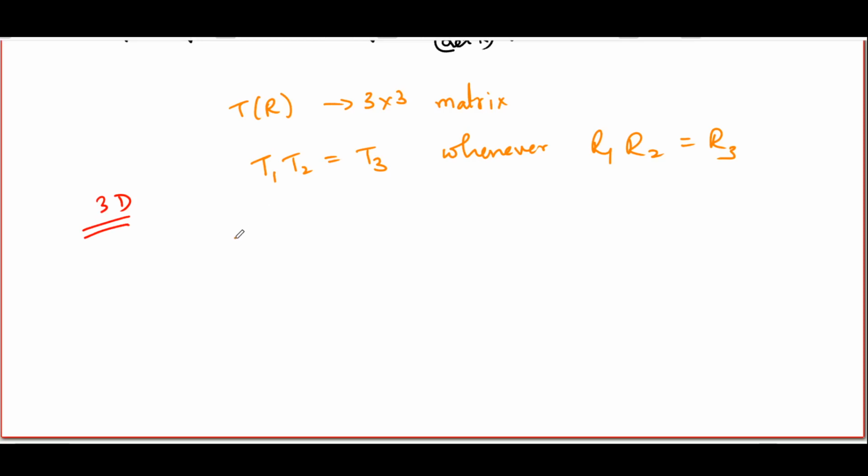Now there is one very obvious choice here, and that obvious choice is nothing other than the trivial one. T of R is nothing but R itself.